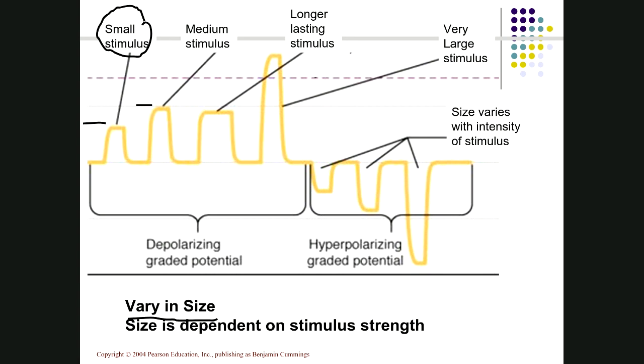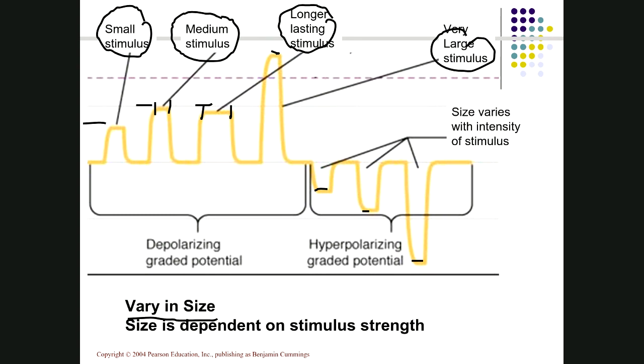It was a medium-sized stimulus. That's another medium-sized stimulus, but look, it lasted longer because the channel stayed open longer. But look at this one. That is a large stimulus. Same thing on this side. Small stimulus, medium-sized stimulus, large stimulus.